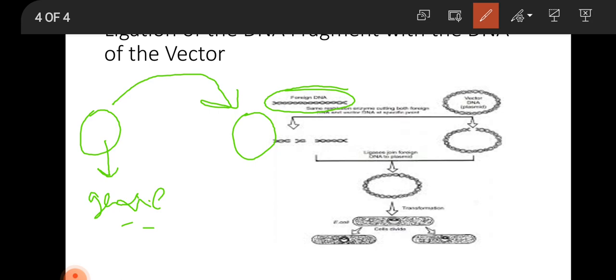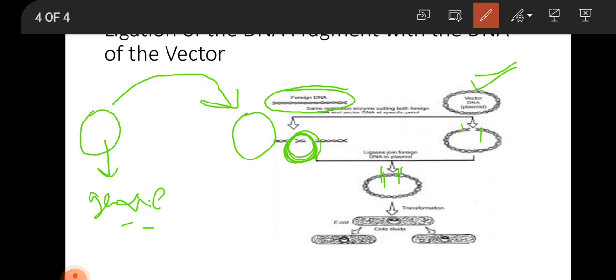We take this gene of interest by the process of isolation and fragmentation. After that, we introduce this gene of interest into the vector. Here is a vector, and in the vector we also cut this portion where we have to attach the gene of interest. Then we stick it into this vector, into this plasmid.